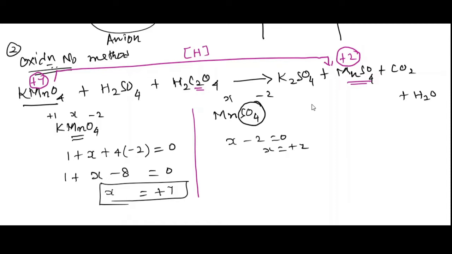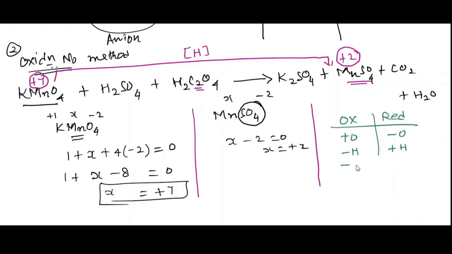Now let me recap oxidation and reduction before solving this problem. Simply remember that addition of oxygen is oxidation, and removal of oxygen is reduction. Removal of hydrogen is oxidation, and addition of hydrogen is reduction.